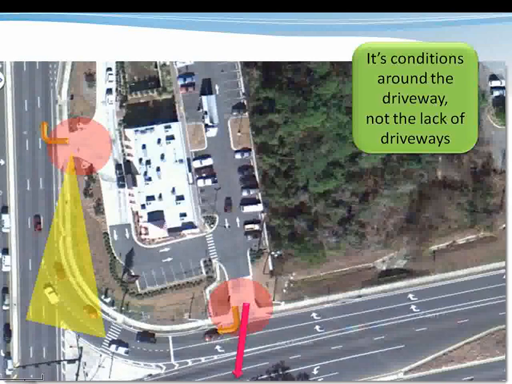Their sight distance and judgment of vehicles in at least 4 lanes in one direction and maybe 6 lanes in one direction adds to the danger of that movement.